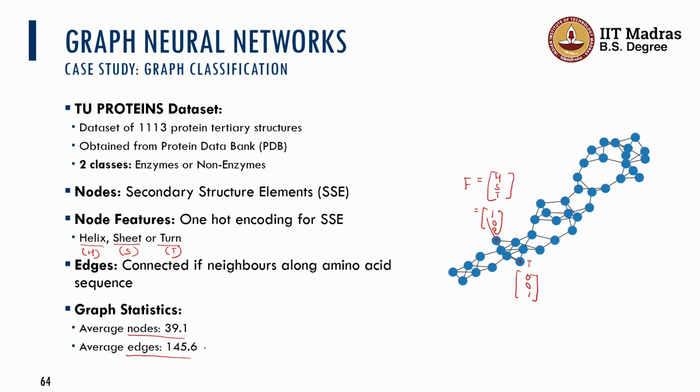With this particular graph, we are going to do graph classification, where given these structures, we want to learn whether they have an enzymatic property, or property as an enzyme, or they are non-enzymatic proteins.